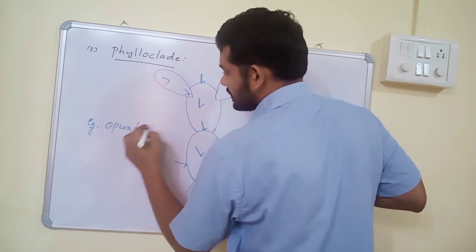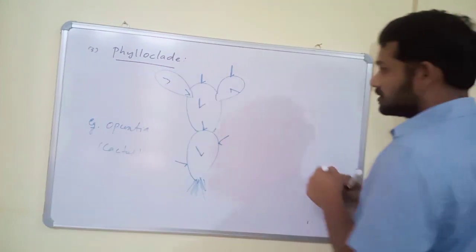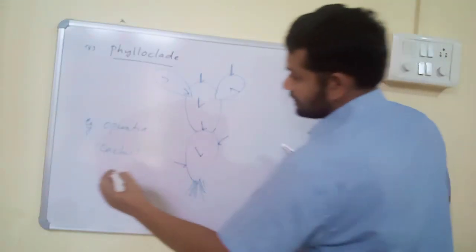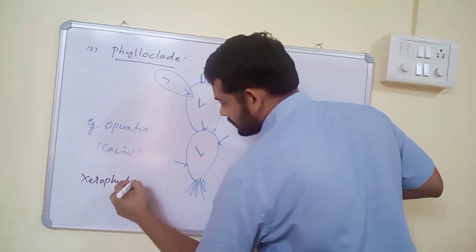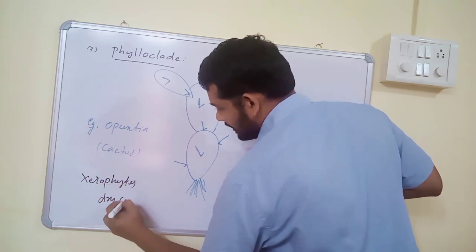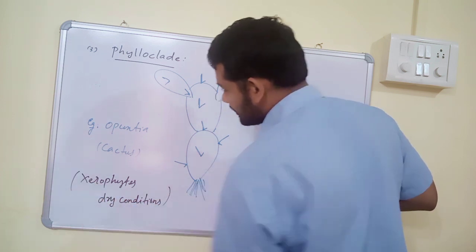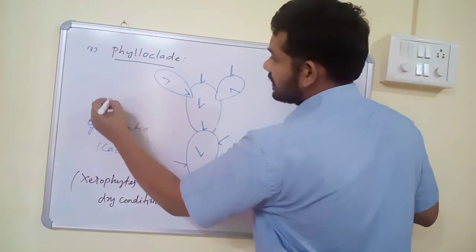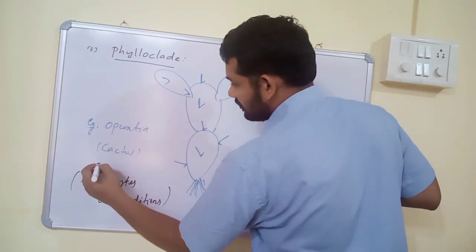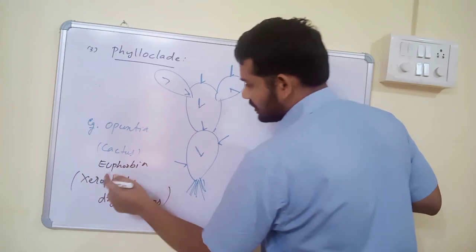Opuntia is the scientific name of the cactus plant. Usually the cactus plant is a xerophytic plant. Xerophytes means plants of dry conditions, or plants of xeric conditions, are called xerophytes. One more example is Euphorbia, also a xerophyte.